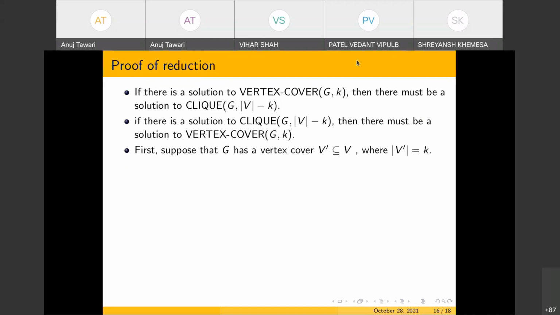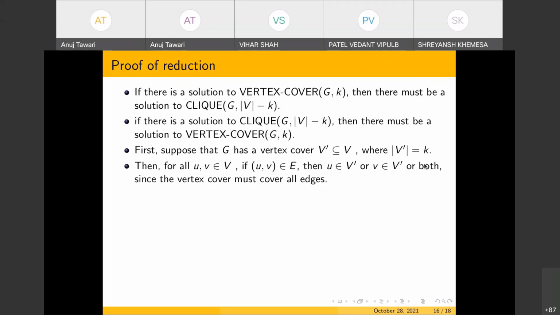So we'll prove the first thing. Suppose G has a vertex cover of size K. Then just use the definition, which is that for all adjacent vertices, at least one of them should be contained in our vertex cover.